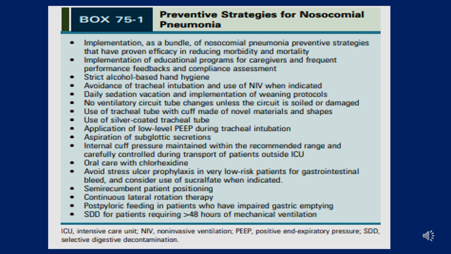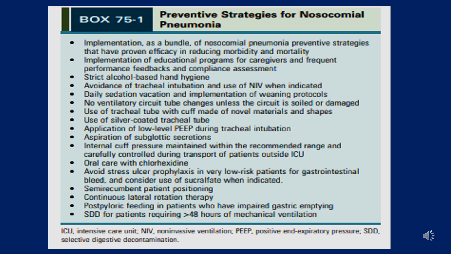9. Application of low-level PEEP during tracheal intubation. 10. Aspiration of subglottic secretions. 11. Internal cuff pressure maintained within the recommended range and carefully controlled during transport of patients outside ICU. 12. Oral care with chlorhexidine. 13.